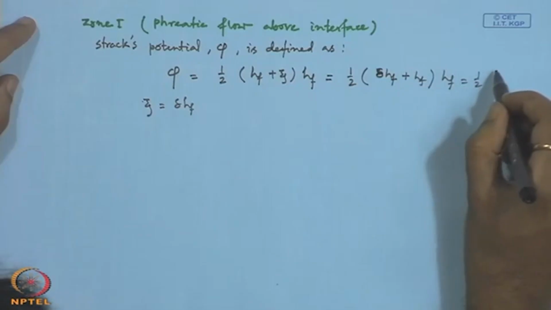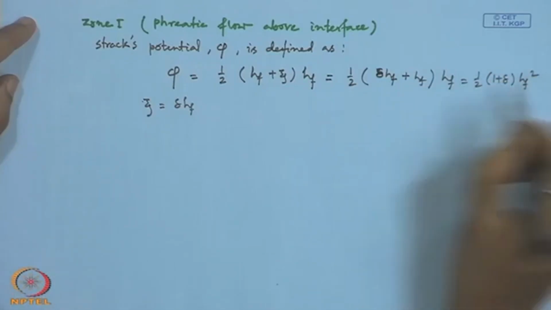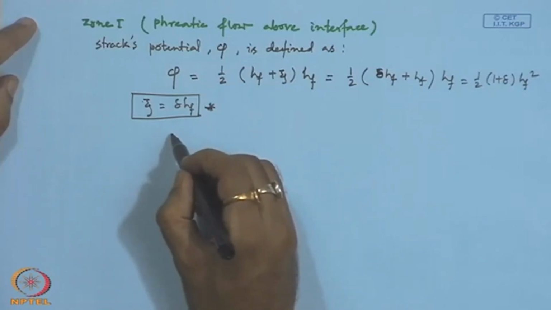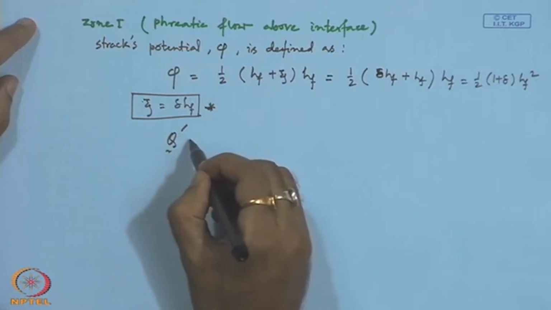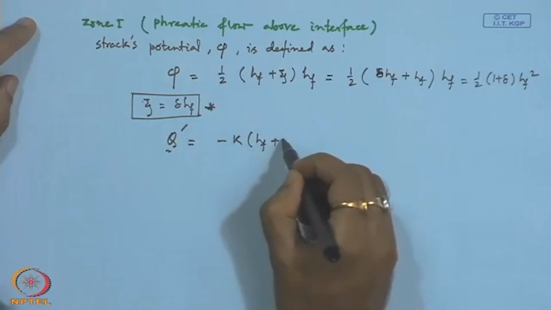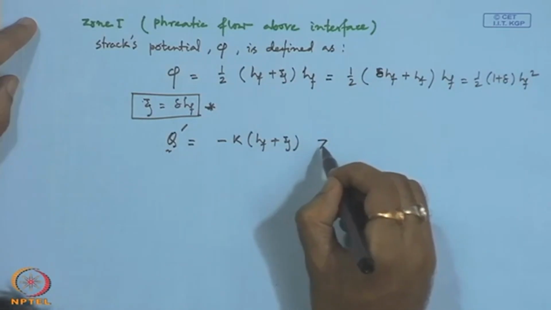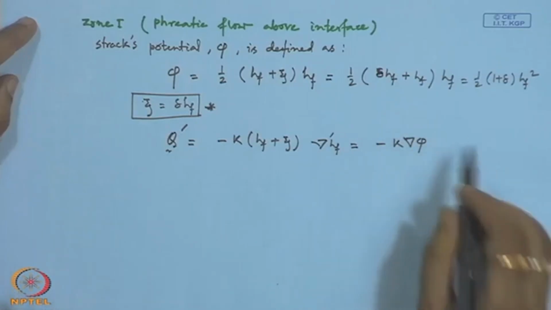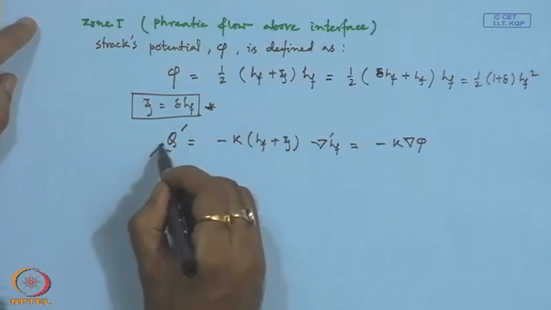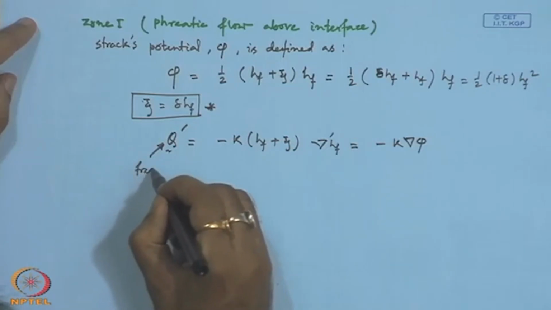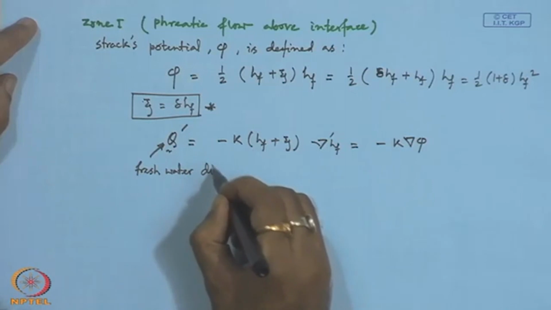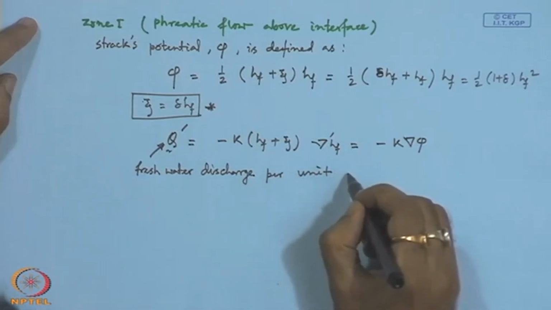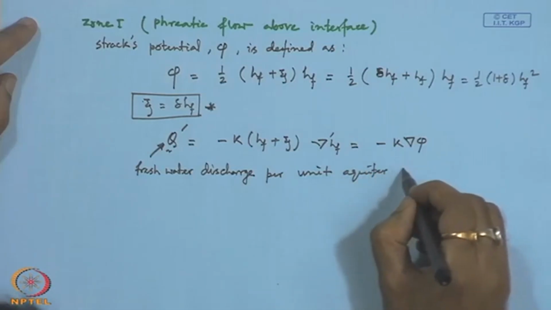So, we have half 1 plus delta HF square, and for flux continuity we have q prime, which in vector form is k HF plus xi, this is HF and k del phi, and this is basically freshwater discharge per unit aquifer width.